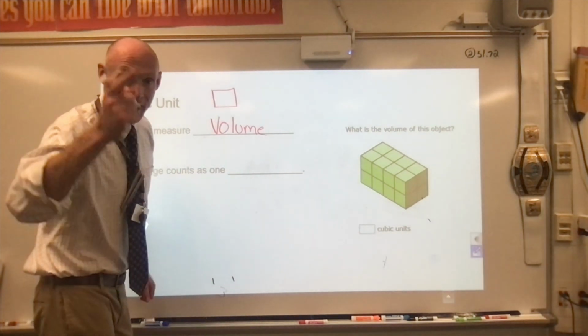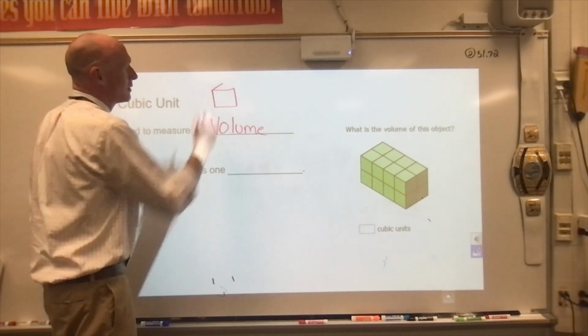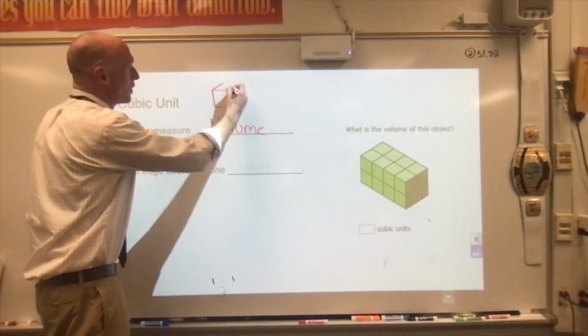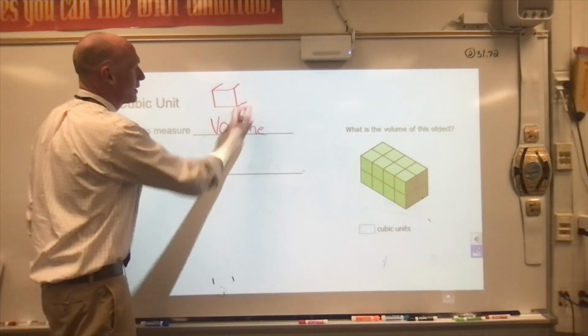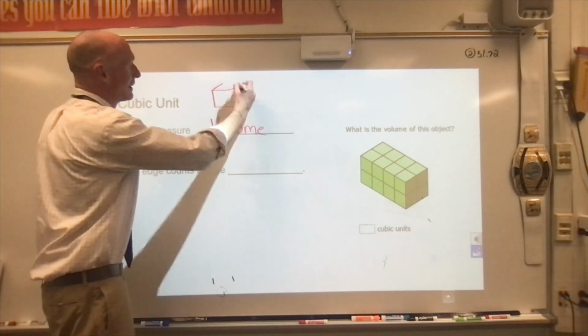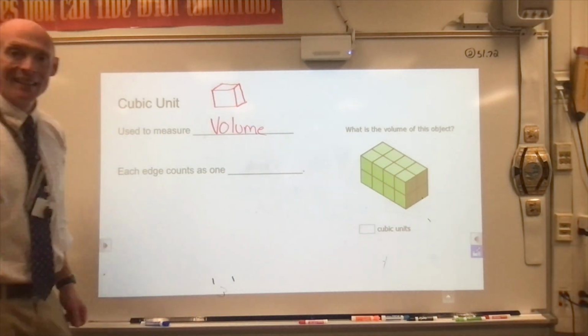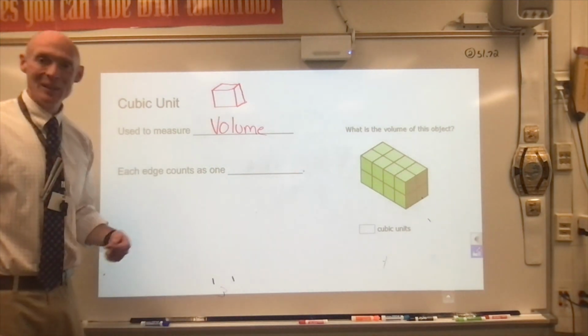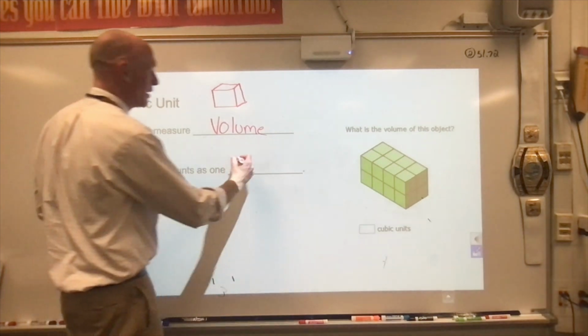To make it a cubic unit, draw a line here, perfect. Draw a line here, perfect. Draw a line here. Last step, connect them. Oh, would you look at that? It's a cubic unit. Awesome. Each edge counts as one unit.